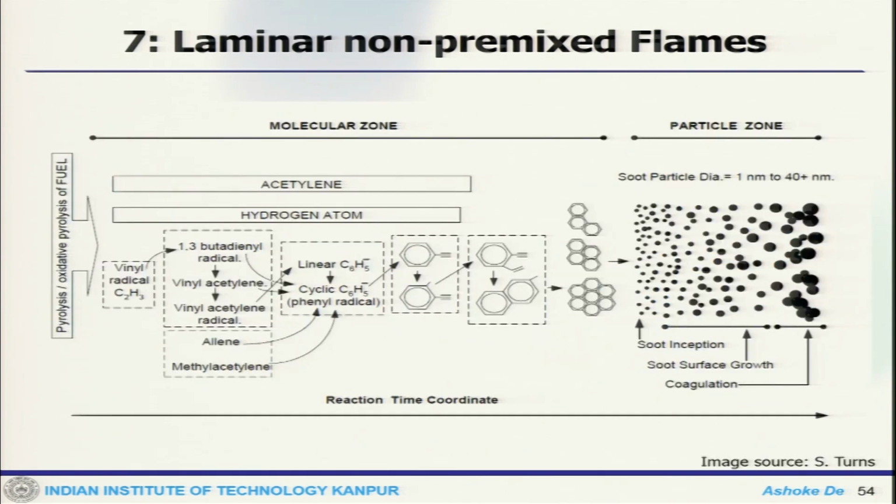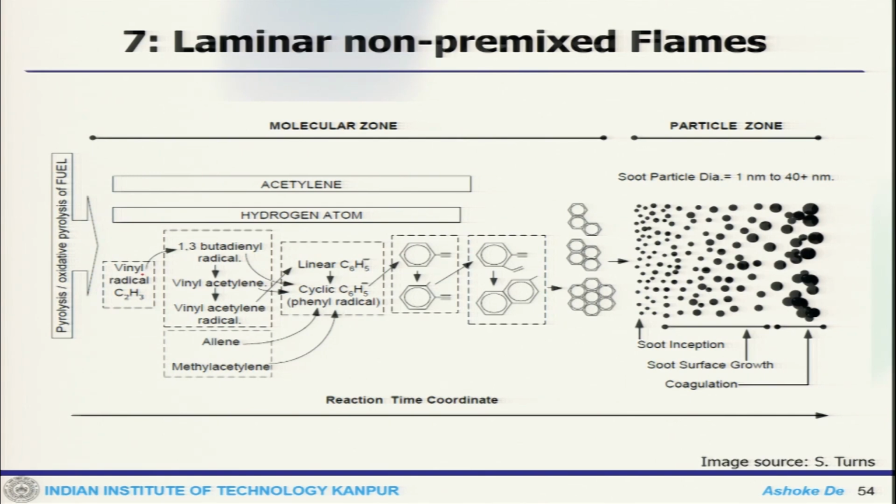Now, this is what one can see pictorially. At the first step, there is the pyrolysis of the fuel. You get the radicals, the lower order hydrocarbons, and this happens when you burn the higher order hydrocarbon.